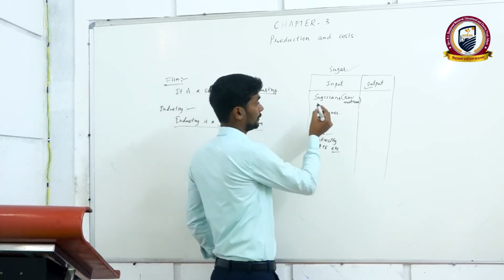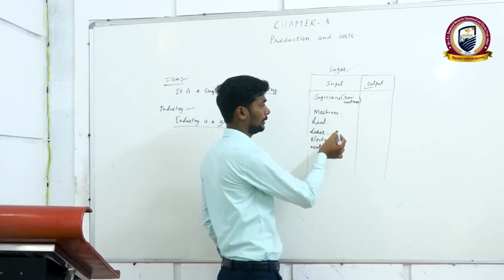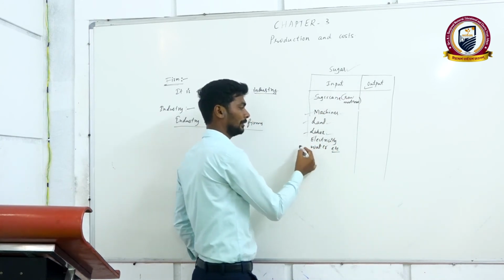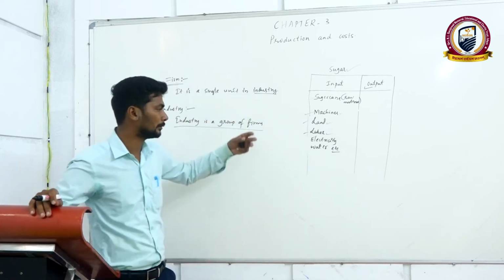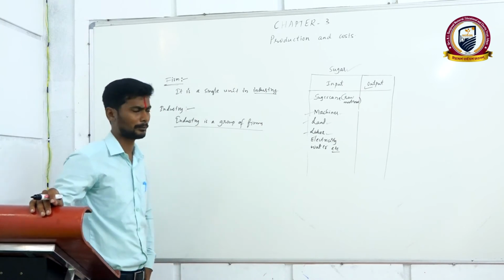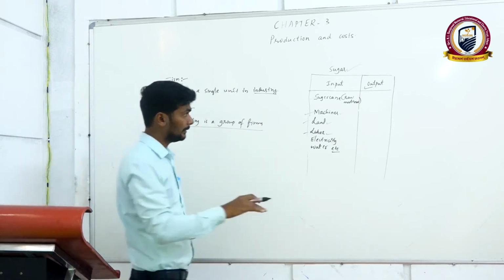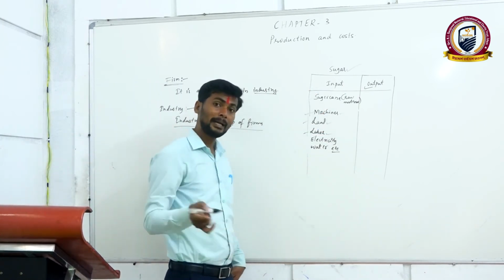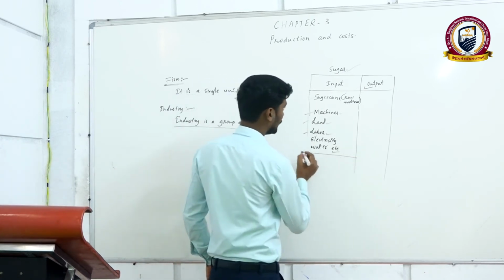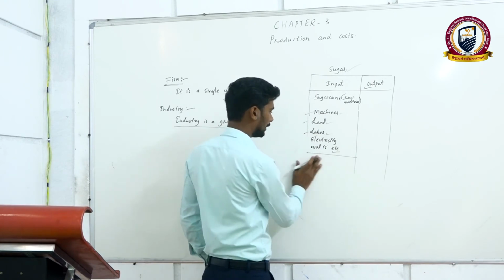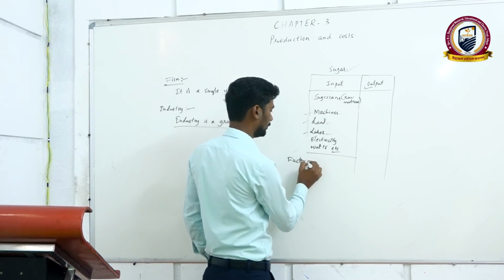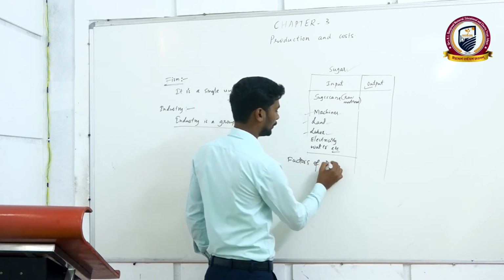A firm will use raw materials to produce sugar, it will use machines, land, labor, electricity, water, and so on. It will use some other factors also. And these are also called factors of production.